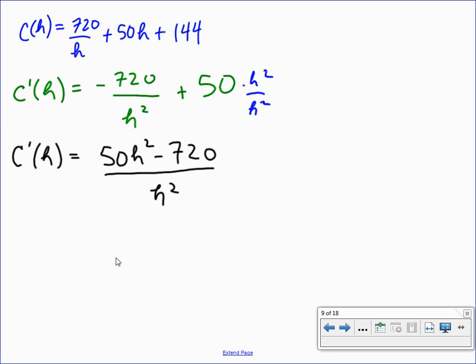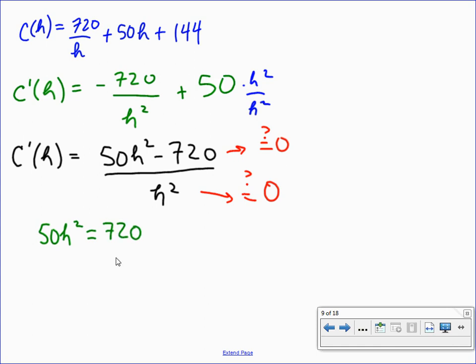Now consider those values of H for which C prime is undefined or equals 0. So I'm going to set the top equal to 0 and the bottom equal to 0 to determine my critical value. As I look at my top, it might equal 0 when 50H squared equals 720.